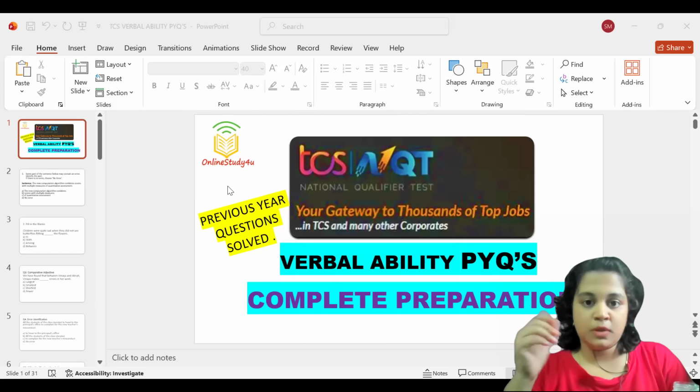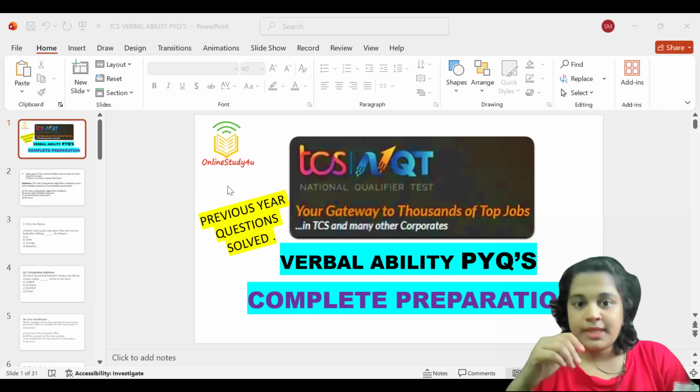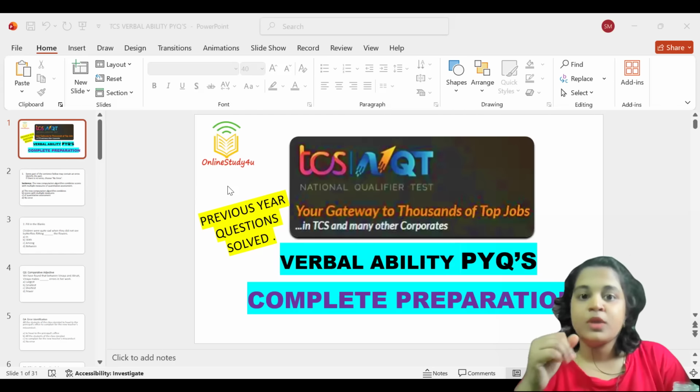When it's passage comprehension, from the same passage they can ask 3 to 4 questions. So if there are 25 questions, 3 questions might come from the passage itself. If the pattern is like that, then it's actually an advantage.